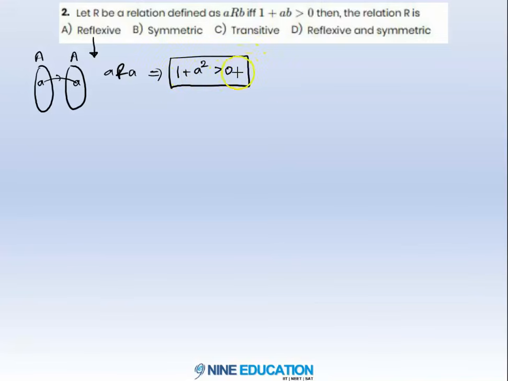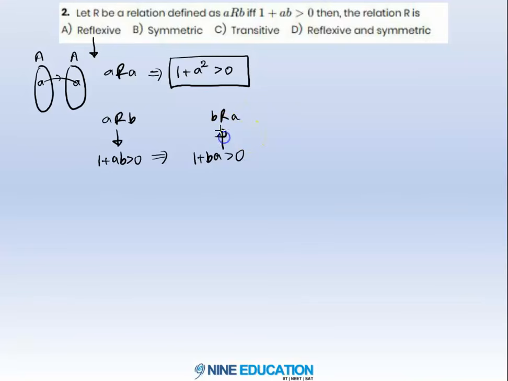So this is absolutely correct. The relation is reflexive, but be careful. You should also check the other, because there is an option reflexive and symmetric. For symmetric, if a is related to b, then b should also be related to a. If a is related to b, it means 1 plus ab is greater than 0, and definitely I can write the same thing as 1 plus ba is greater than 0, because whether it is a into b or b into a, the product of two numbers is commutative.